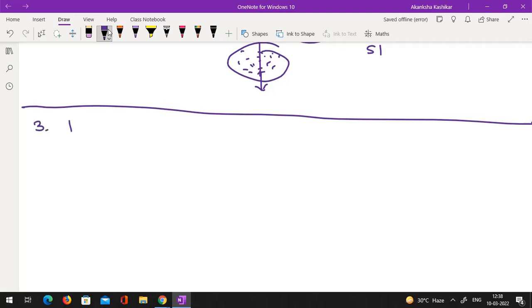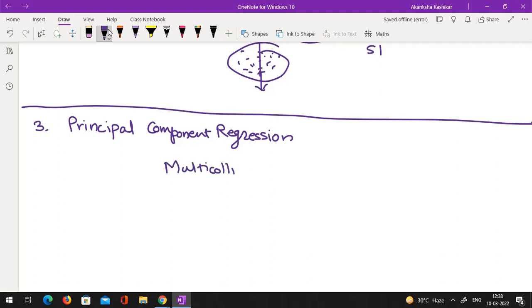And the third application that we discussed was principal component regression. So what is this? You are studying regression in the current semester. Have you already heard the term multicollinearity in regression?